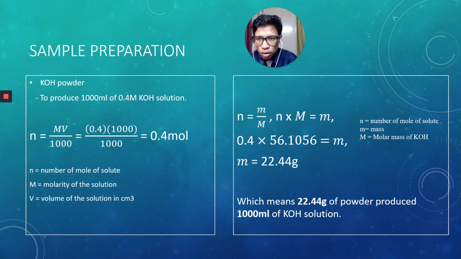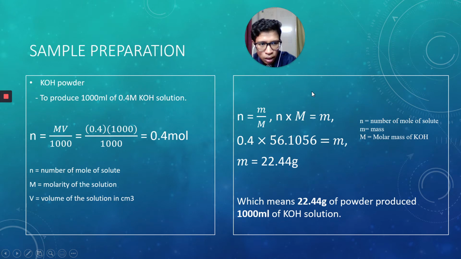To produce 1000 ml of 0.4 molarity KOH solution, we use this formula, n equals M V over 1000. First we need to get the number of moles, so the answer is 0.4 mole.